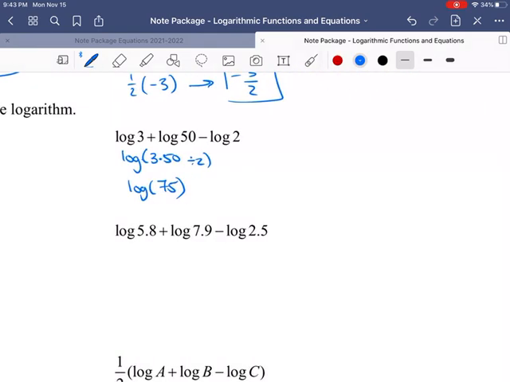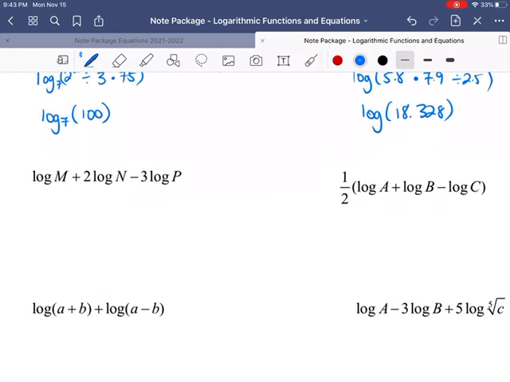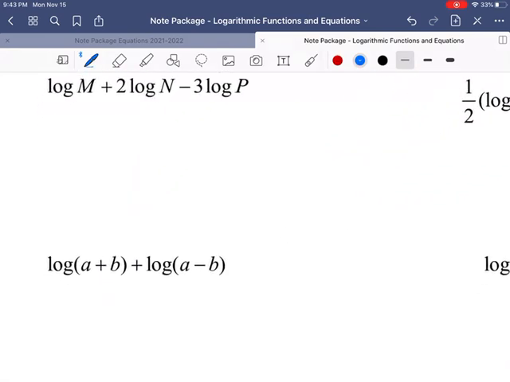All right, 5.8 multiplied by 7.9 divided by 2.5, and that will actually simplify to 18.328. There you go, folks. Interesting. All right, you can even use variables to sort this out. So quotient rule says we're going to multiply those two, so mn, but then we're going to divide by p cubed.